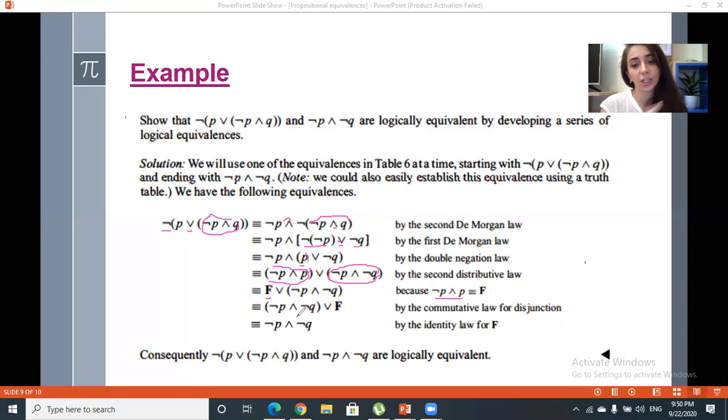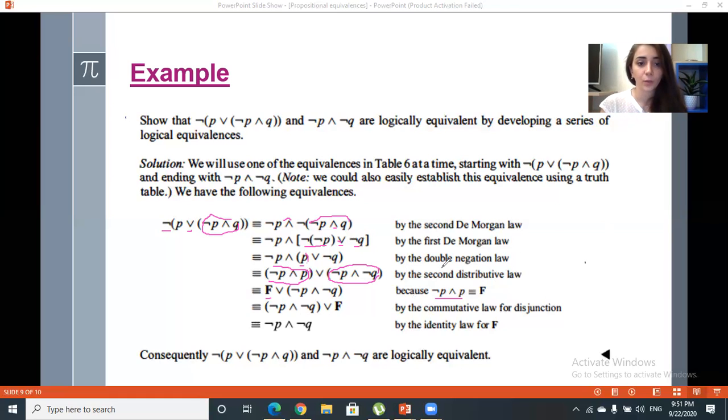Yes, we can change the order by the commutative law for disjunction, and we write ¬P ∧ ¬Q by the identity law for false, for contradiction.